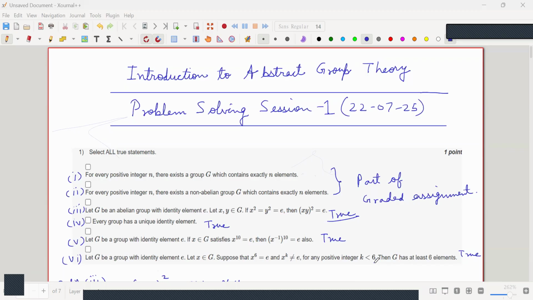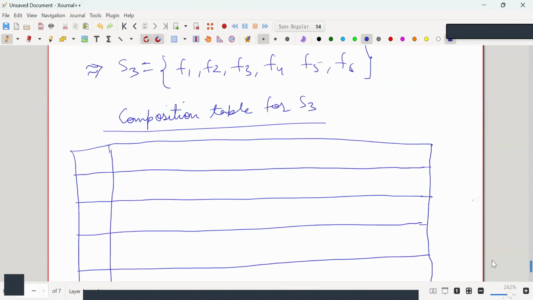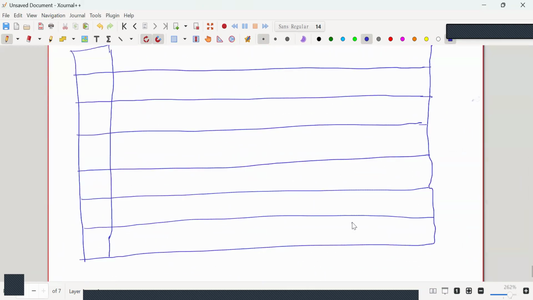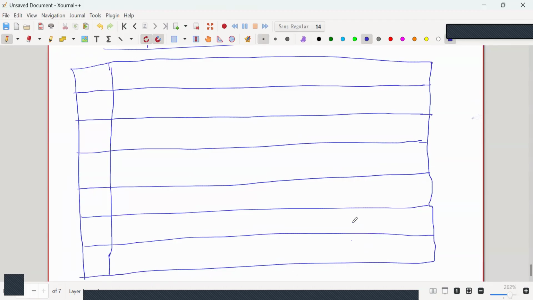So let me just draw this line again. This is looking very funny.